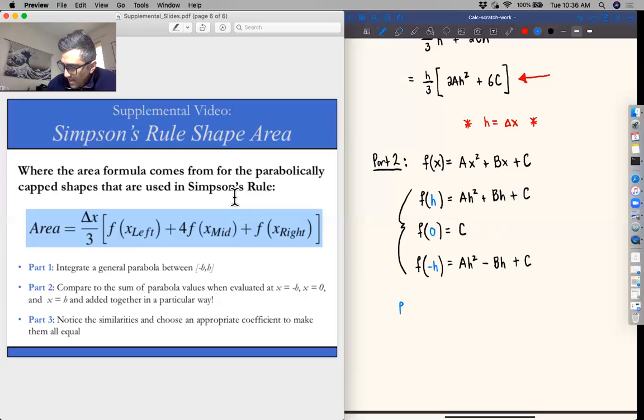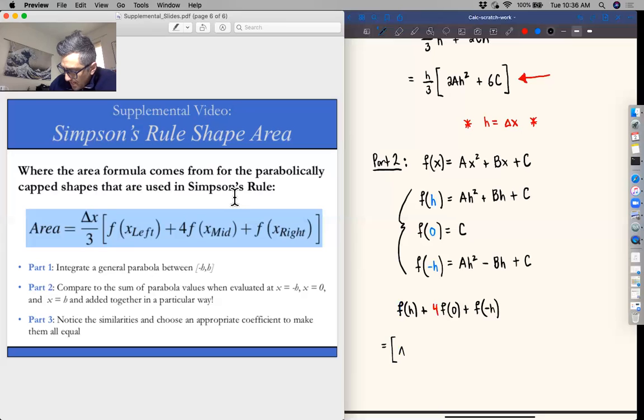So if we have f of positive h, and we add together 4 times f of 0 plus 1 of f at minus h, what we're going to get is the following.